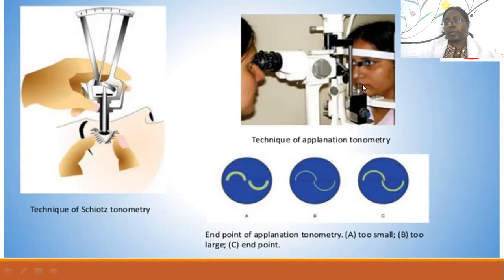You see a biprism here. The applanation tonometer is smooth, and it applanates at the center of the cornea.